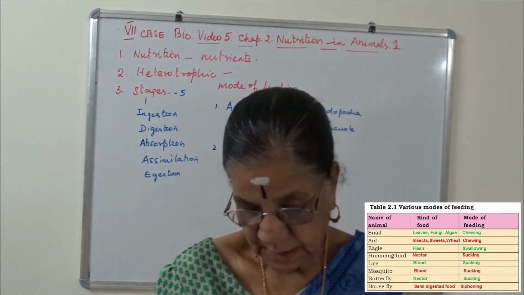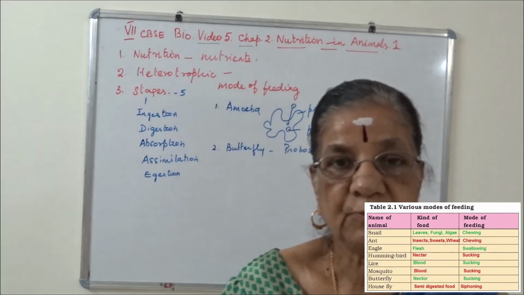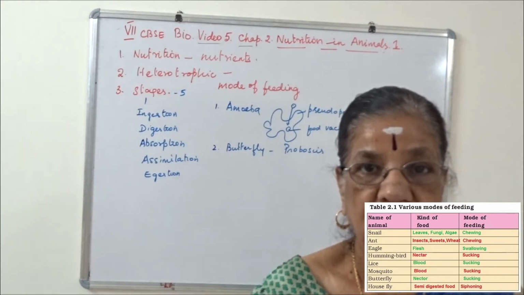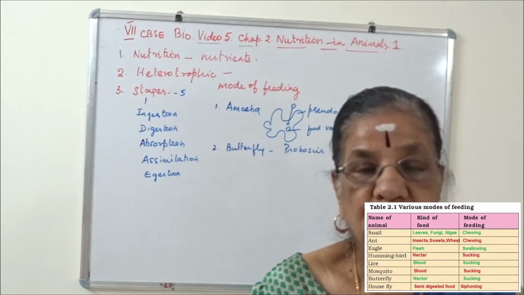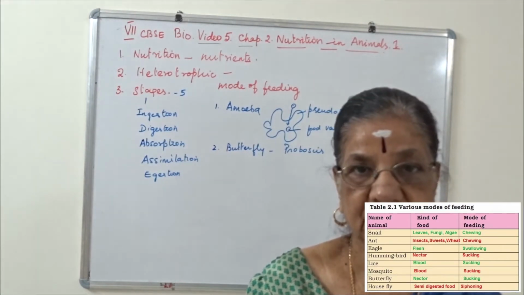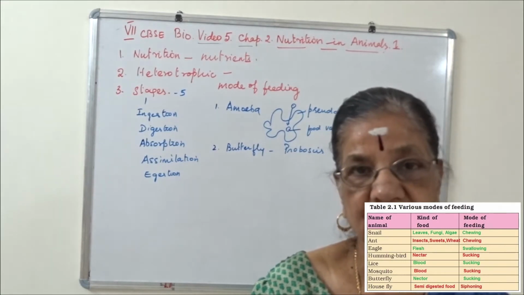There are words given at the bottom. With the help of those words you have to fill up. Are you ready? Snail, kind of food: lower plants, mode of feeding: sucking. Snail, lower plants, sucking.